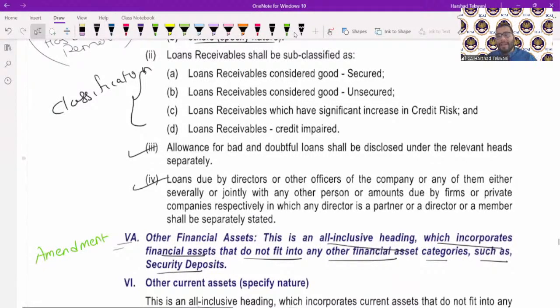Especially structured entities, you can say they are special purpose entities, similar to special purpose entities, Vidula. So structured entities means some kind of special purpose entities.